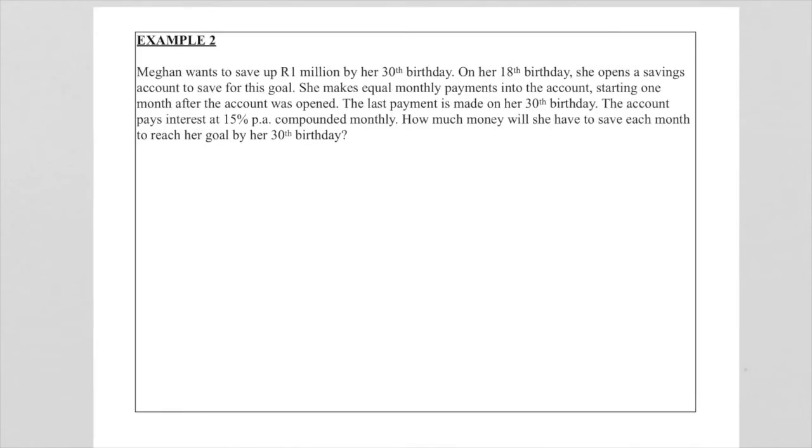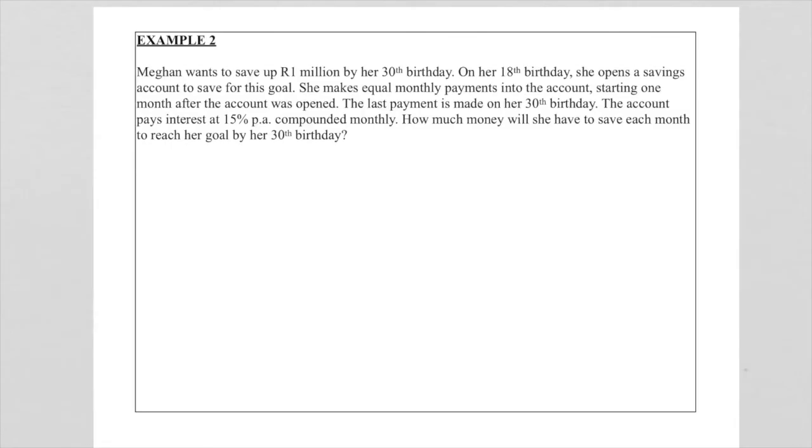So let's look at our second example. Megan wants to save up 1 million Rand by her 30th birthday. On her 18th birthday, she opens a savings account to save for this goal. She makes equal monthly payments into the account starting 1 month after the account was opened.